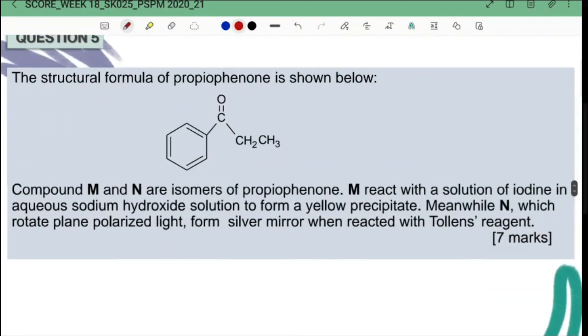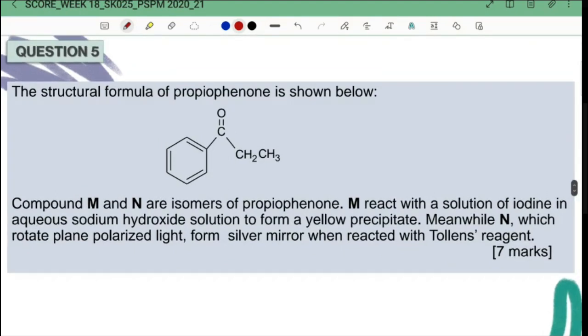Okay, now we look at question number 5. The structural formula of propiophenone is shown below. Compounds M and N are isomers of propiophenone, and M reacts with a solution of iodine in aqueous sodium hydroxide to form a yellow precipitate. So M has a methyl carbonyl because of the positive iodoform test.